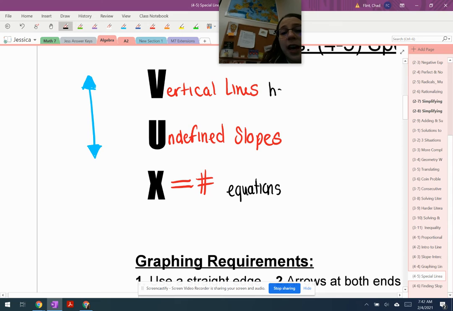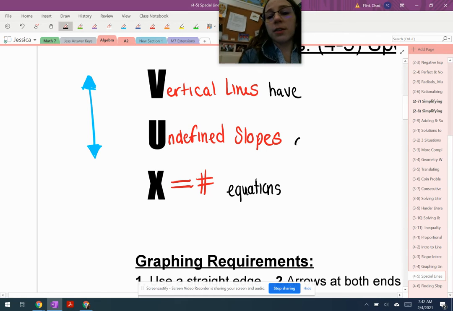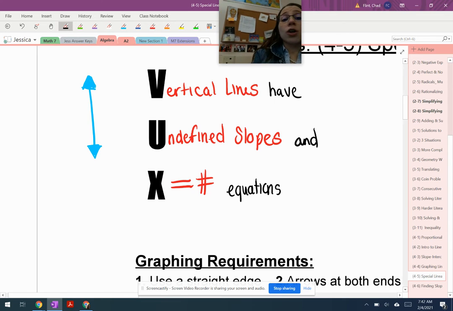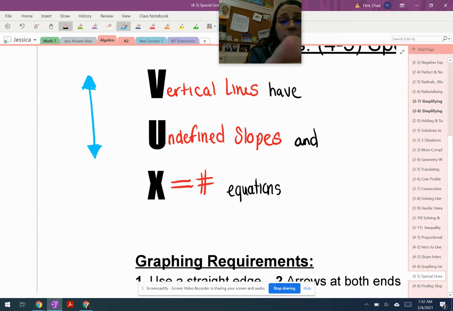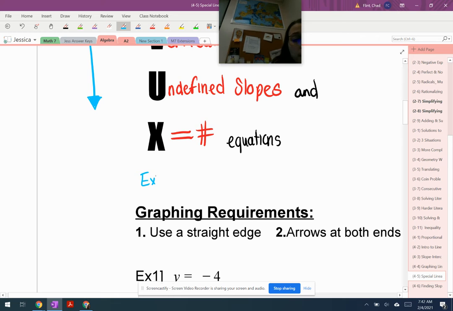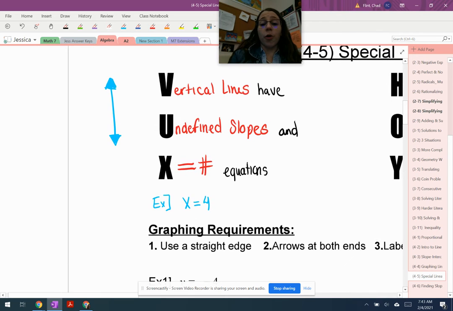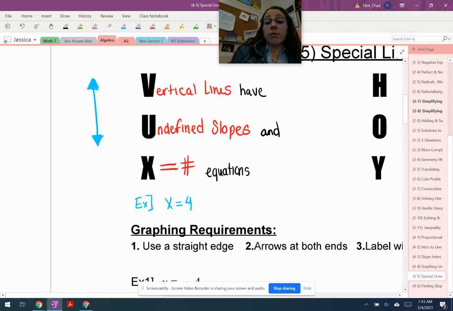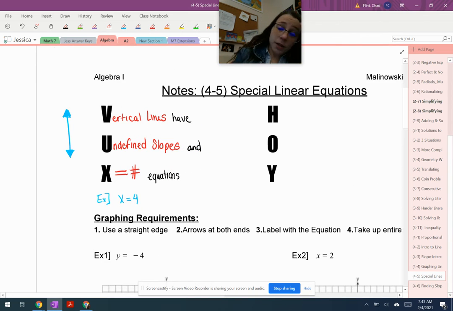So what I mean by that is something like x equals 4. X equals 4 is the equation of a line that is vertical, that straight up and down vertical line. So that's where that VUX acronym comes in.